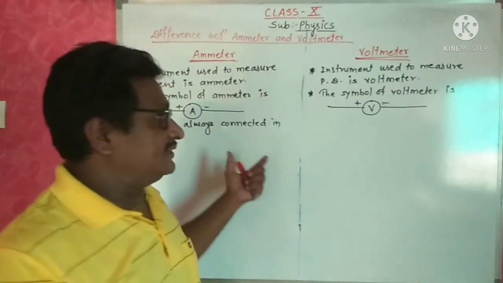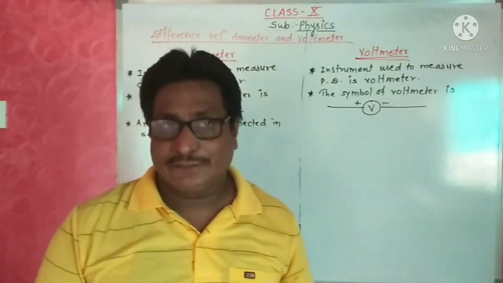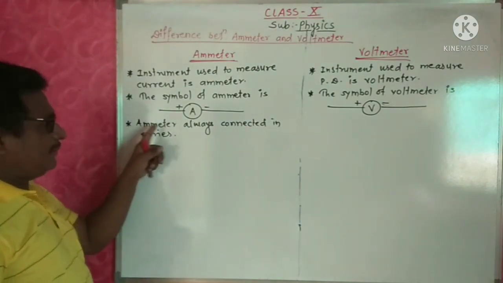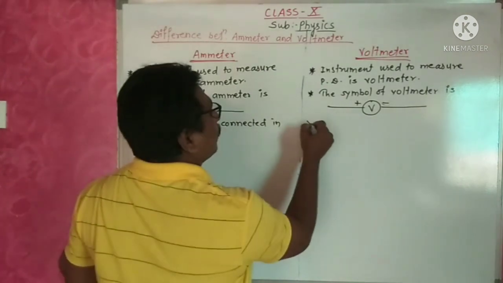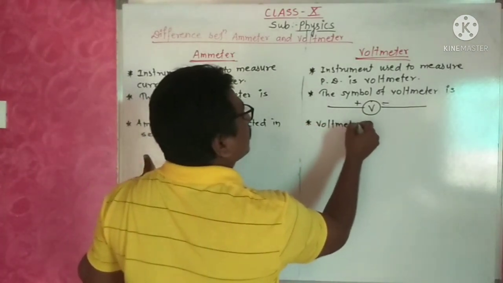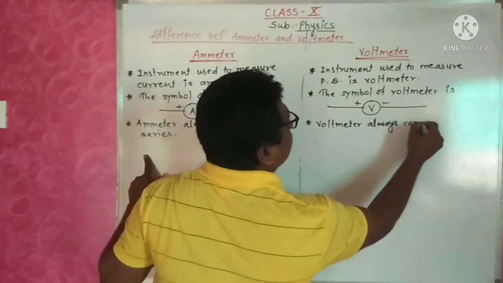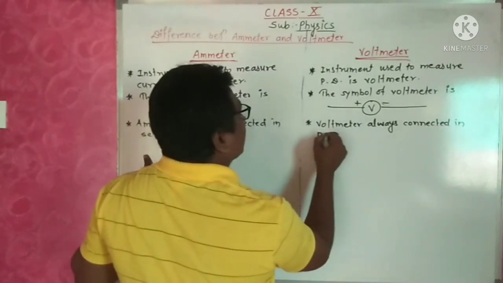So what is series and what is parallel combination, that you will understand in the next topic. So till up to that, you have to remember ammeter is always connected in series and voltmeter is always connected in parallel.